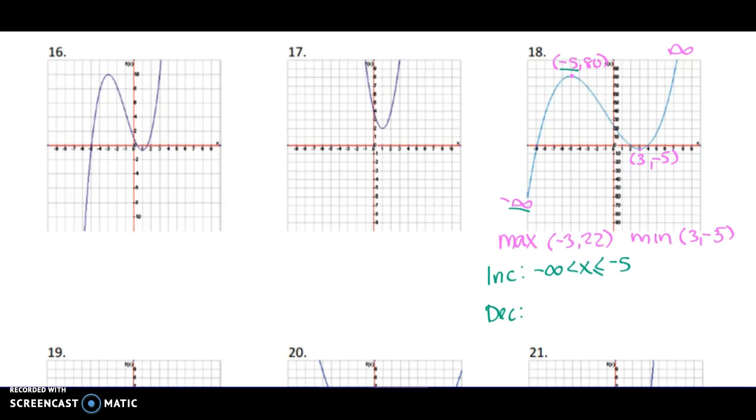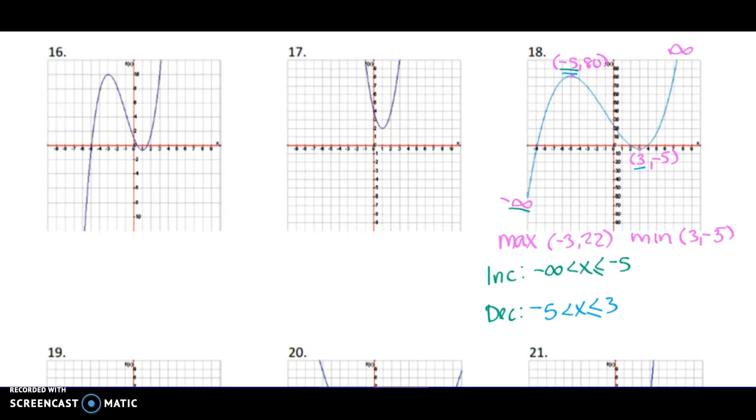It's the first time I use that -5, I put an equal to on it. Alright, now I'm changing direction. Now I'm going down from -5 to 3. So -5, less than x, less than, stopping at 3. That's the second time I use the -5, no equal to. First time I use the 3, so now there's an equal to.